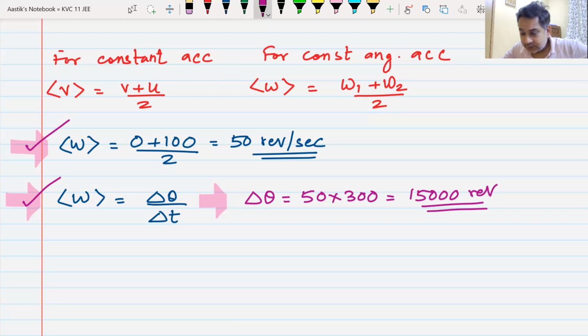Having said this, we have seen the relation between angular and linear quantities. I'll give you 2 minutes to go through them. If you have any doubts, ask, else we will move ahead and see the relation between linear and angular quantities. So that is the next heading. Before going on to the next heading, I'll give you 2 minutes. Go through what we have done.